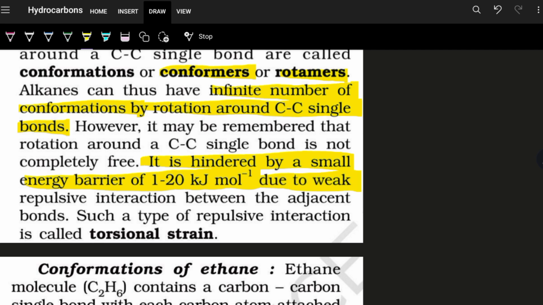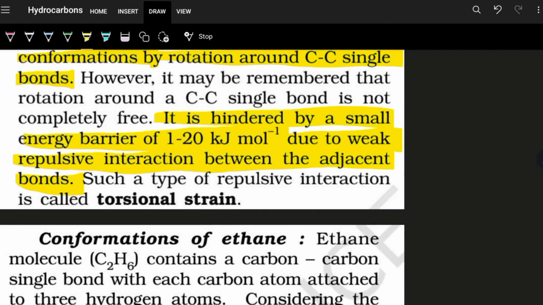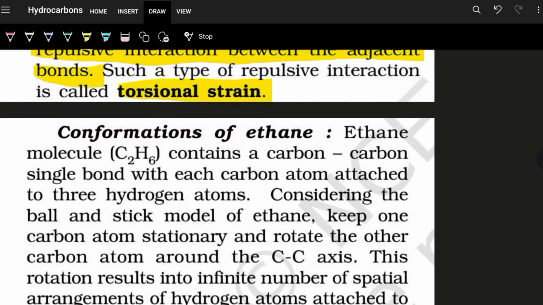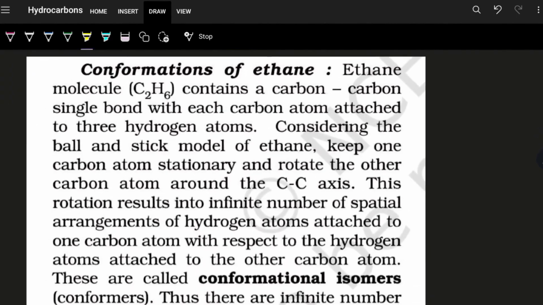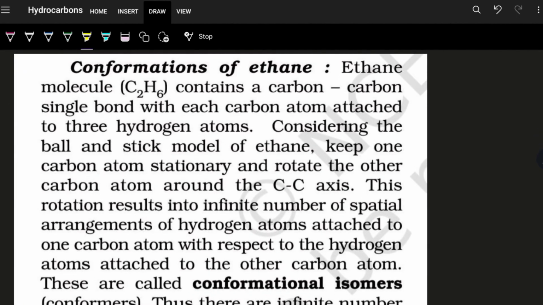Why? Because there exists a weak repulsive interaction between the adjacent bonds. This repulsive interaction is termed torsional strain, due to the angle strain obtained by the closely spaced hydrogen atoms or the electron clouds.